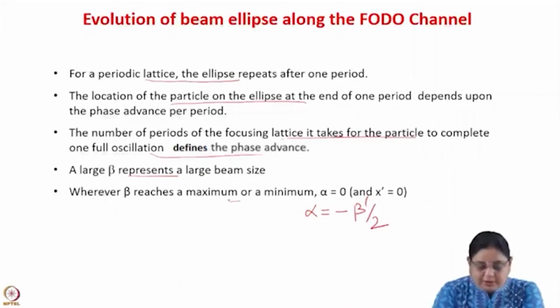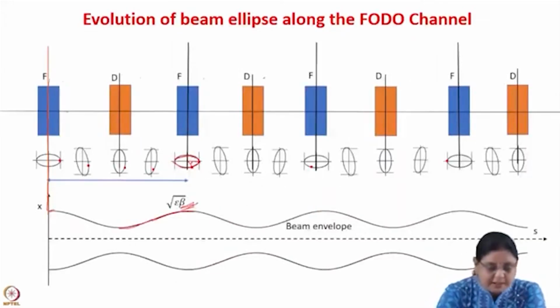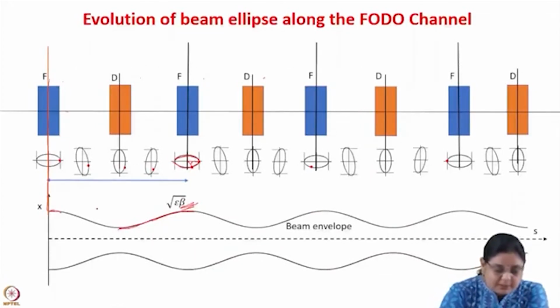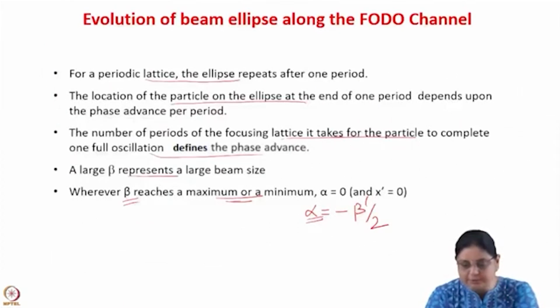So wherever there is a maxima or minima of beta, the alpha goes to 0 and the ellipse becomes an upright ellipse. Beta is maximum here, it is minimum here. So at this location alpha is 0, and you can see an upright ellipse here and here. Again here beta is maximum, so alpha is 0. You can see an upright ellipse here.